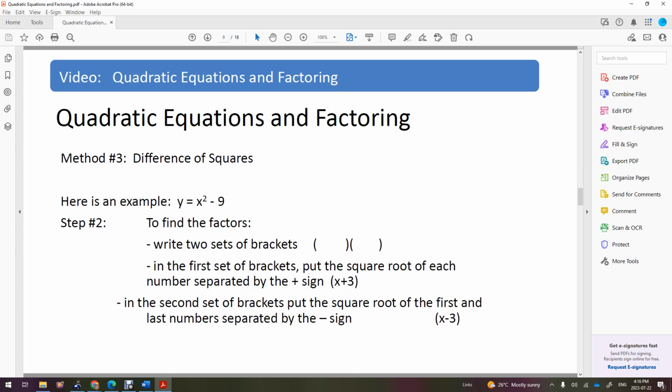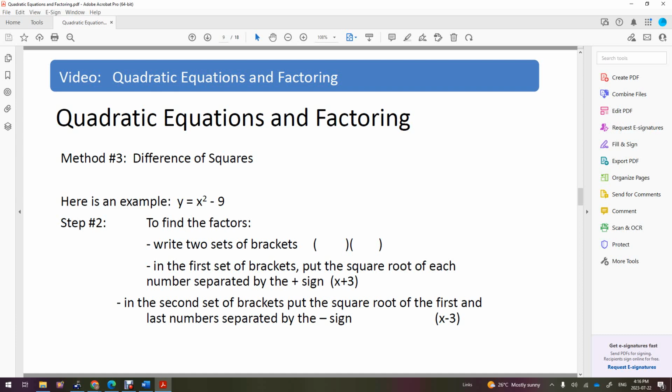So how do we factor? Write our two sets of brackets. In the first set of brackets, put the square root of x squared, so we're going to write x and x. Then we're going to write the square root of 9, which is 3 and 3.